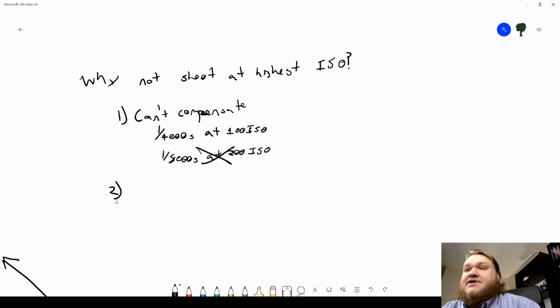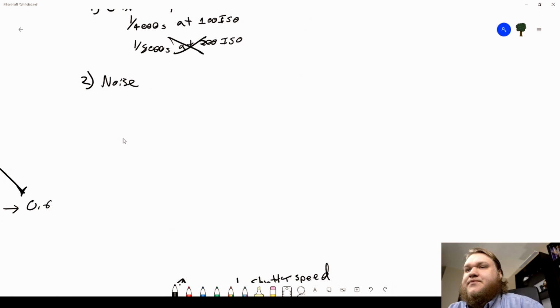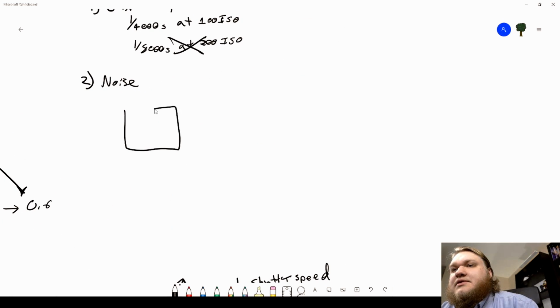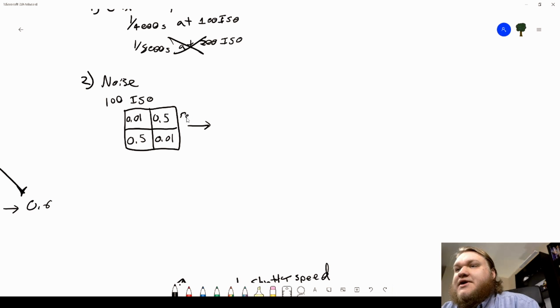Now, here's the main reason that a lot of people choose lower ISO: noise. A good way to think about this, let's go back to our little pixel examples. Let's say we can only read one decimal place. So this is going to be at 100 ISO, and we have 0.01, 0.01, and we'll keep our 0.5s here.